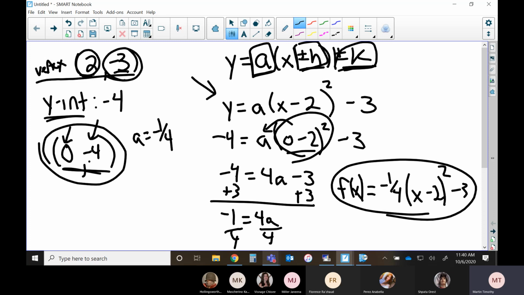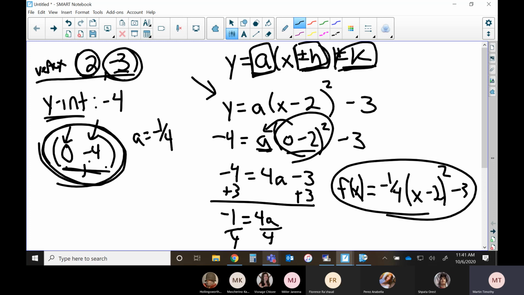That'll get easier, right? All you need in order to have the equation in vertex form is an A, an H, and a K. Where did the H and the K come from? From the vertex. Grab them, plug them in. The pain in the butt was A. I use this point to plug in X and Y so that A is my only variable, and then I use my algebra skills.